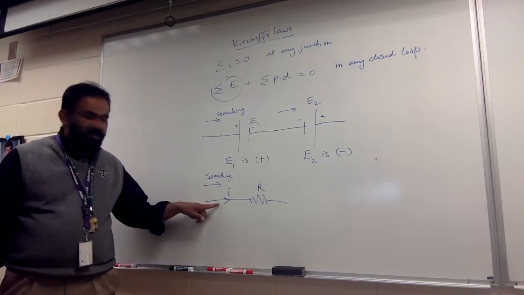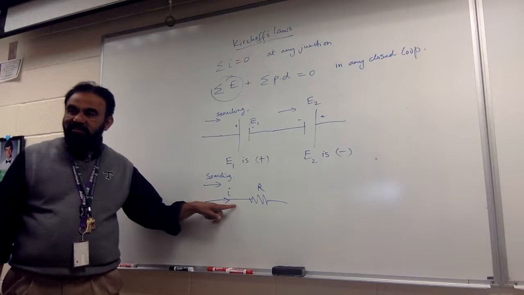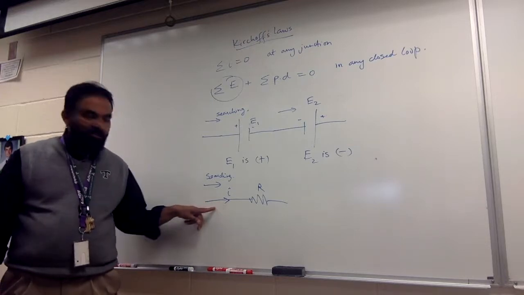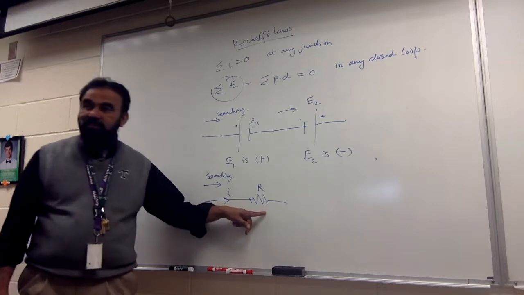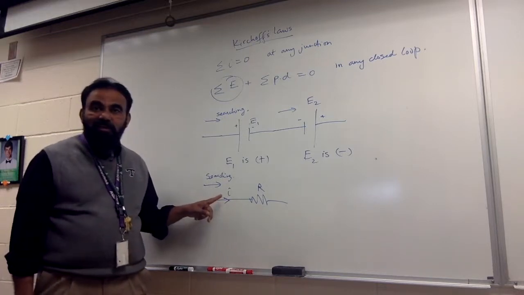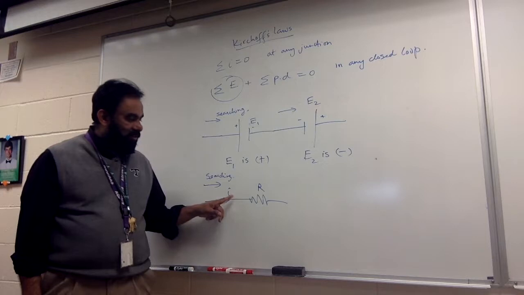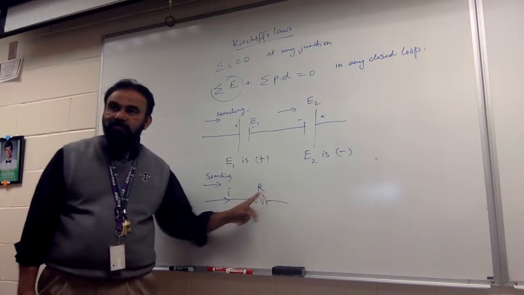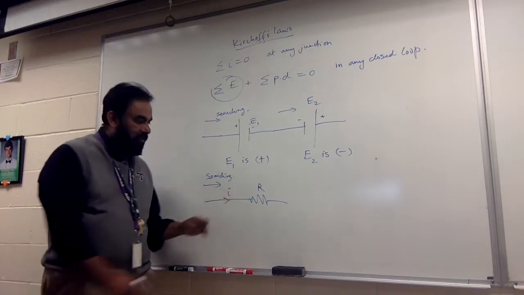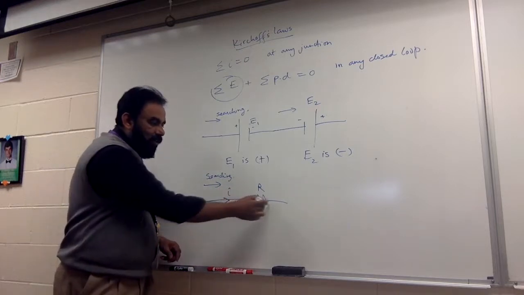In other words, think of the students who are running the race through this racetrack, and you are searching in the same direction. So when you search in the same direction, where do they have higher potential? On the left side. So it will be higher here and lower there, correct?